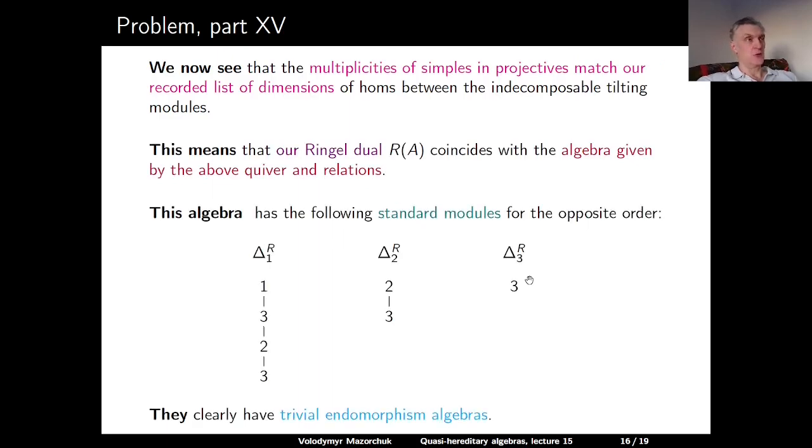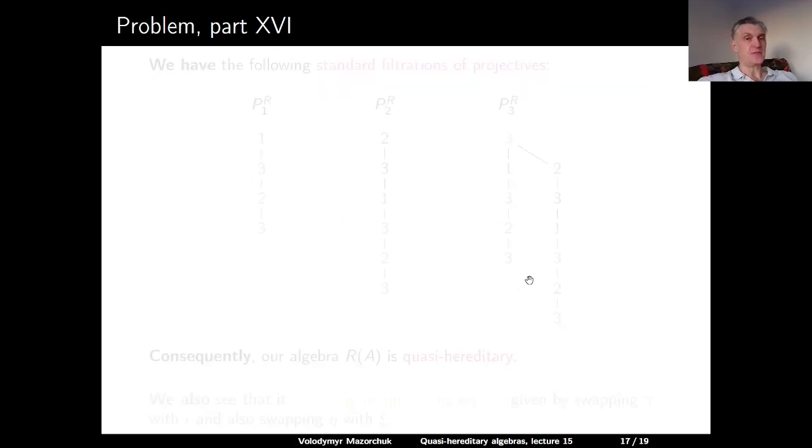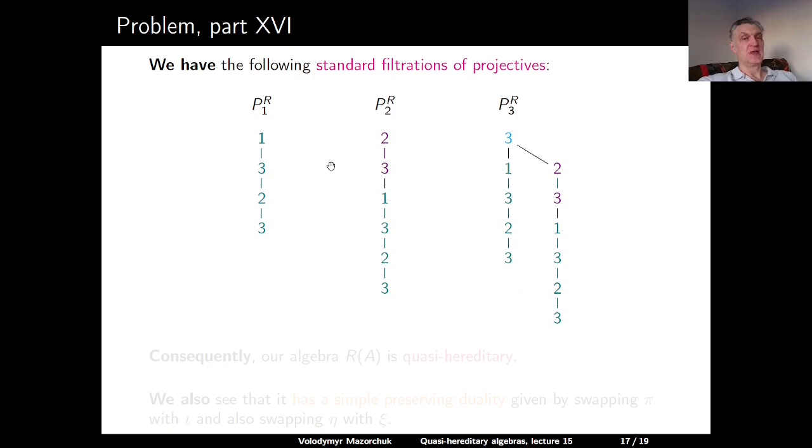And all these modules clearly have trivial endomorphism algebras, and also the projective modules clearly have delta filtrations. So this is a delta. P2 has delta 1 here in the bottom and delta 2 on top, and P3 has 2 delta 1s, and then delta 2, and then delta 3.